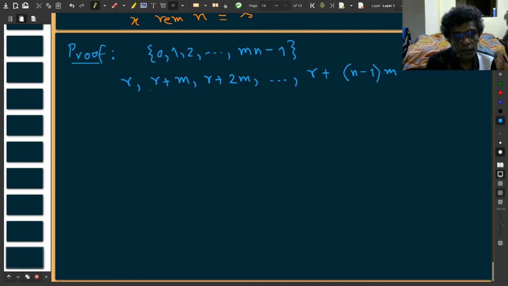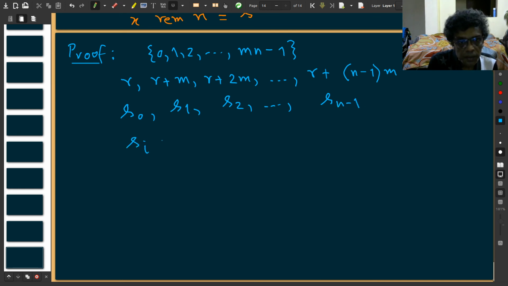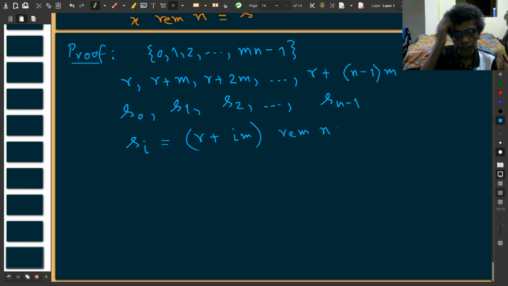Now I divide these numbers by n, the other modulus, and let's say the remainders are s0, s1, s2 up to s n minus 1. So si is nothing but the remainder of r plus im modulo n.